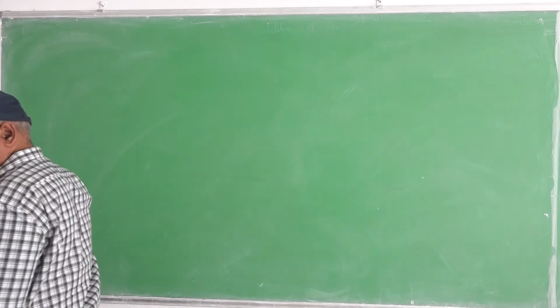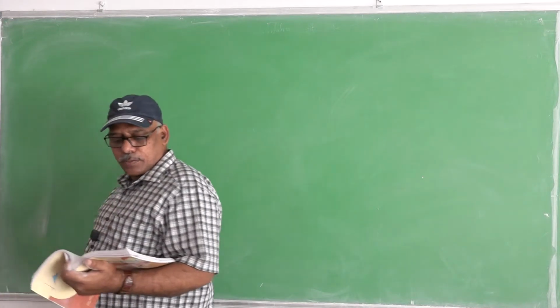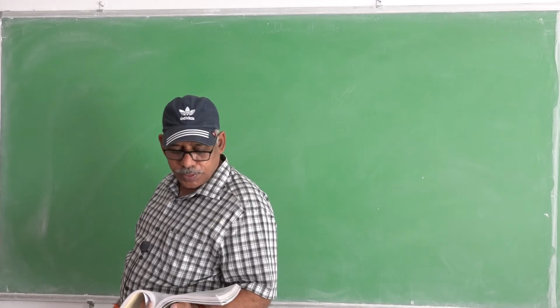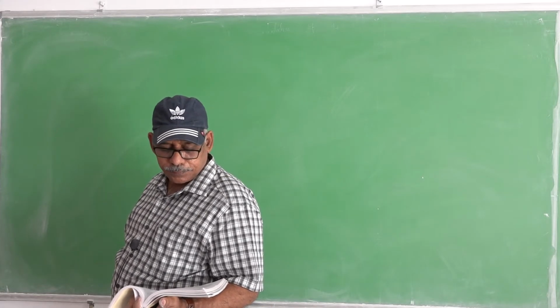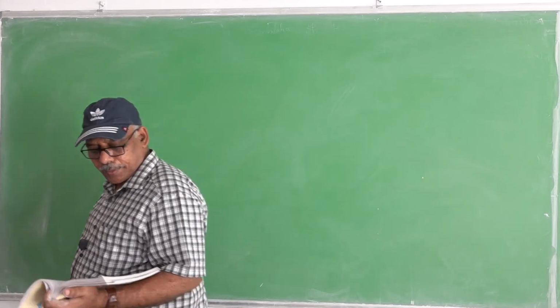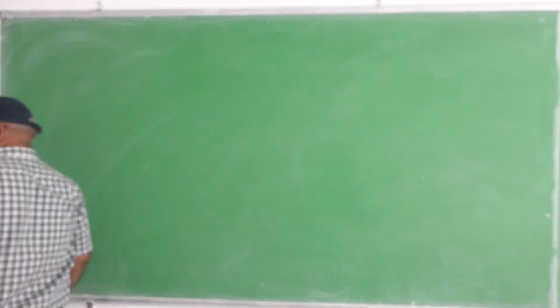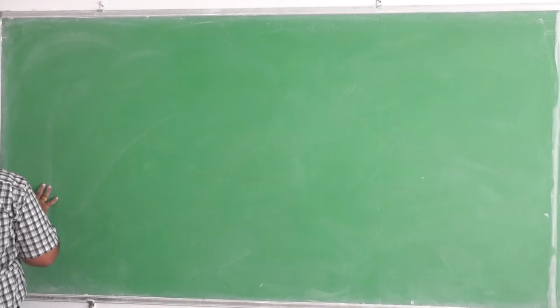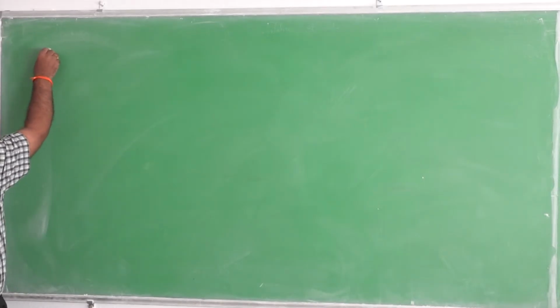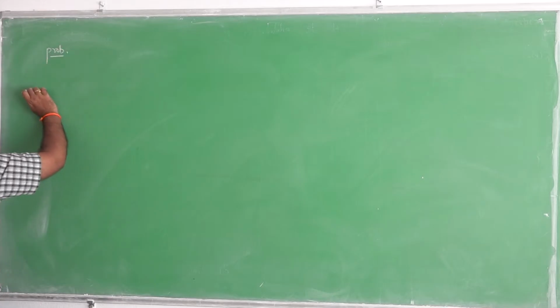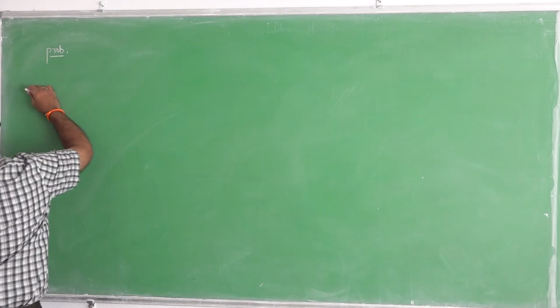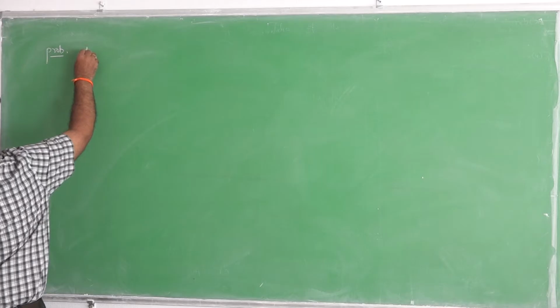Here in the third problem, we just have to maximize the function with the given conditions. So let us take the maximization problem also. Problem number 3, the third problem in exercise 12.1.